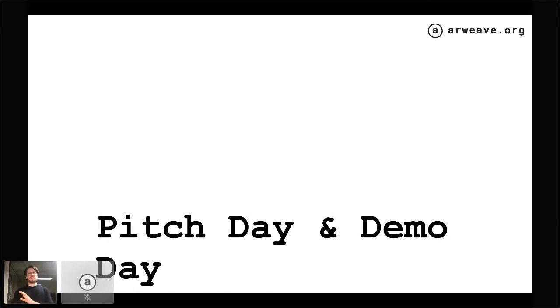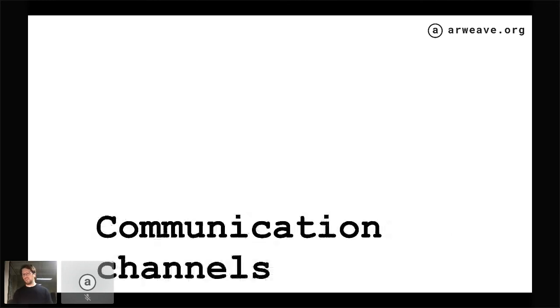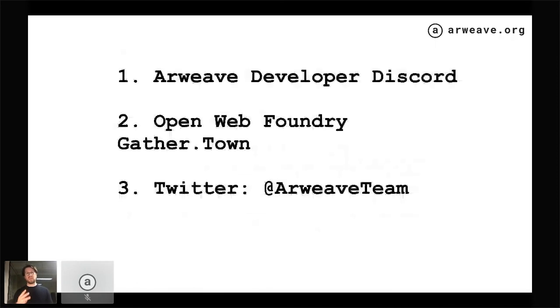Now, this sounds daunting, and the way to keep this all in check is by having smooth communication channels. And we all know how it is to have multiple inboxes and having to focus on keeping inbox zero across all those different ones. Here, we're going to have three main communication channels. The first one is the Arweave developer Discord. If you haven't joined the developer Discord yet, I urge you to do that first.